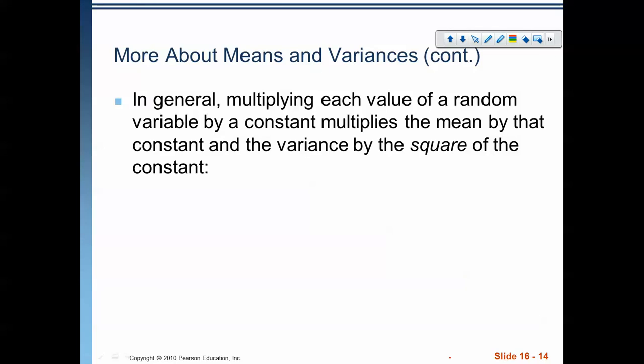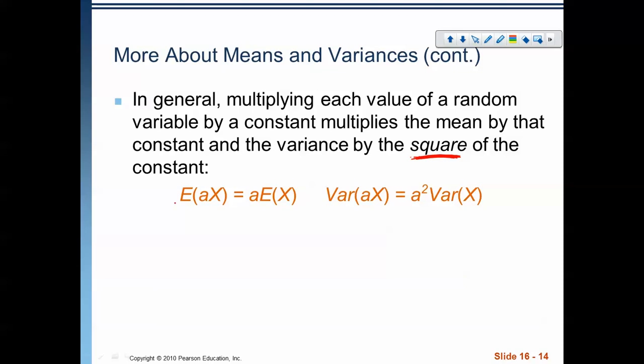When multiplying each value of a random variable by a constant, it multiplies the mean by that constant and the variance by the square of that constant. Now that is different than what we had before. Before, we just multiplied by that constant. When we're talking about a probability model, we multiply the variance by the square of that constant.